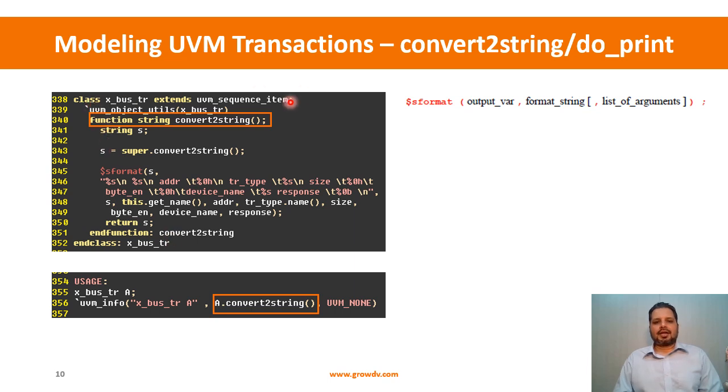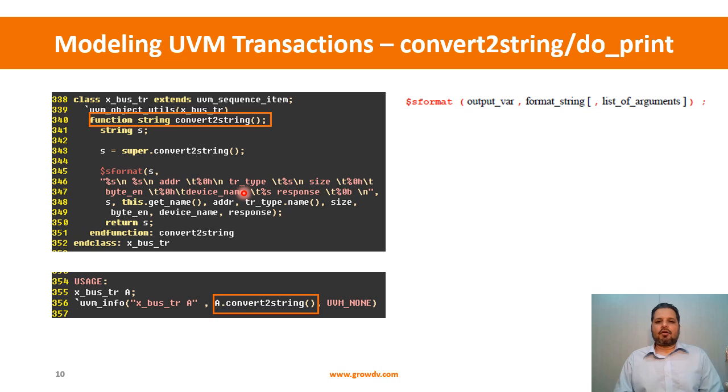Within the transaction, what you typically do is declare a string, and then say super.convert2string, so that any base class related information can be obtained. Then you use the system task $sformatf, and you pass the string, and along with whatever string value we have gotten in s, we add other properties of this class that we want to make a part of the string.